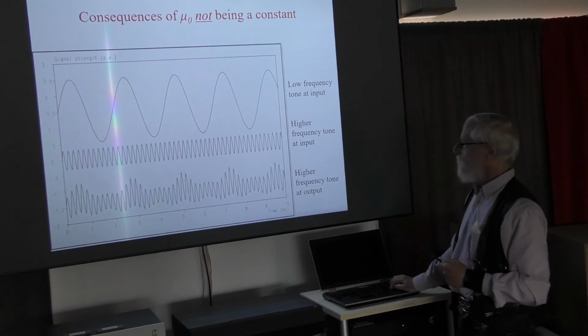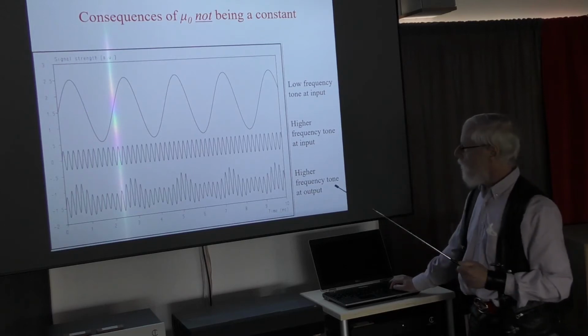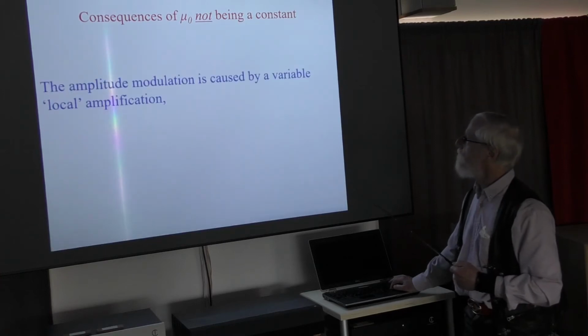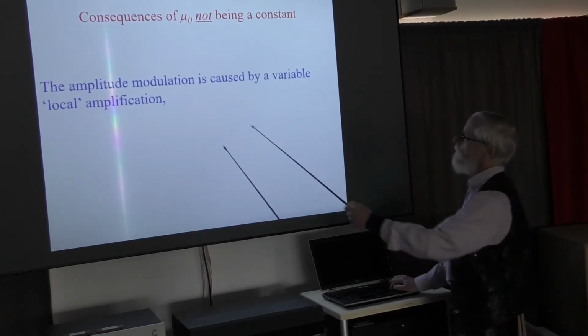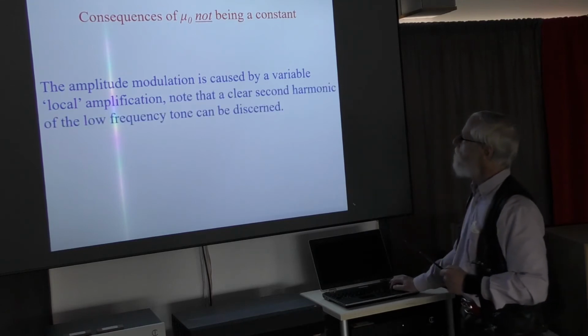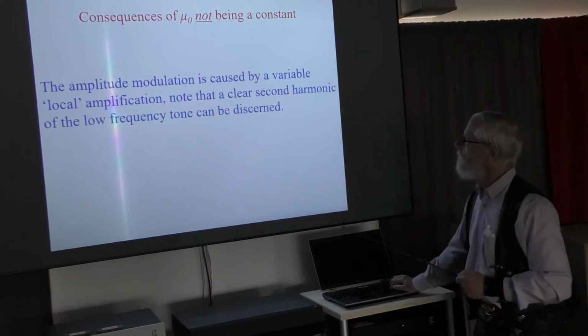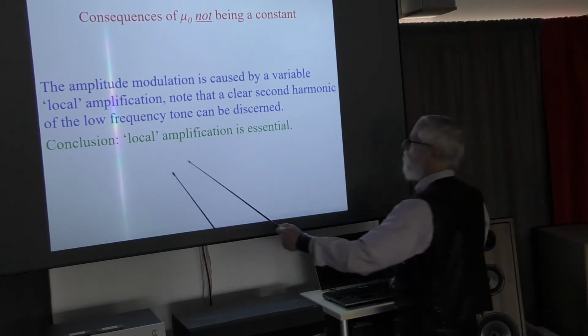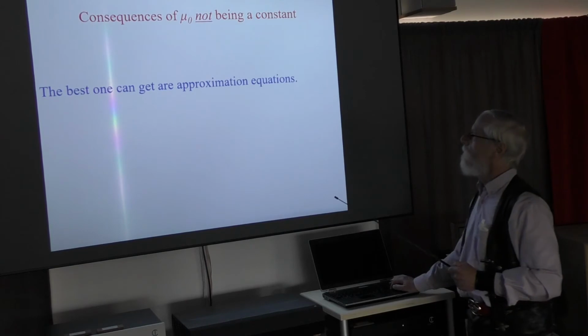So apart from intermodulation, you also will have the harmonic distortion. The amplitude modulation is caused by the variable local amplification, and the clear second harmonic can be considered as well. So one important conclusion is that the local amplification is essential.